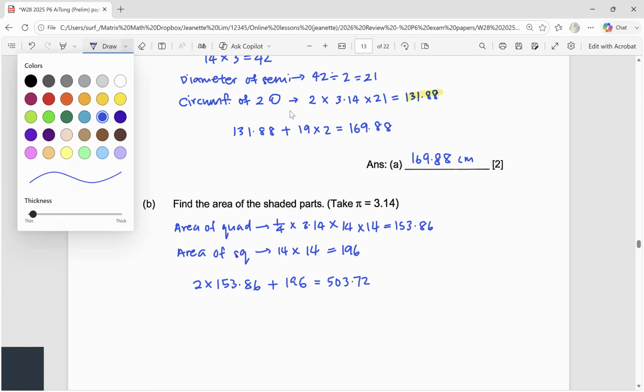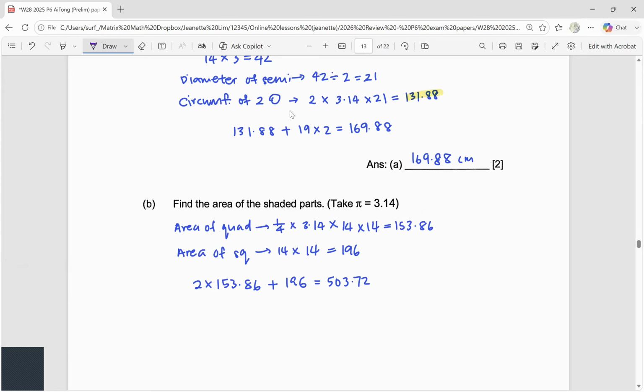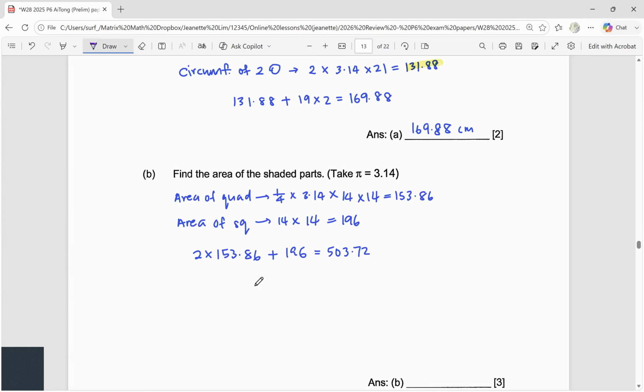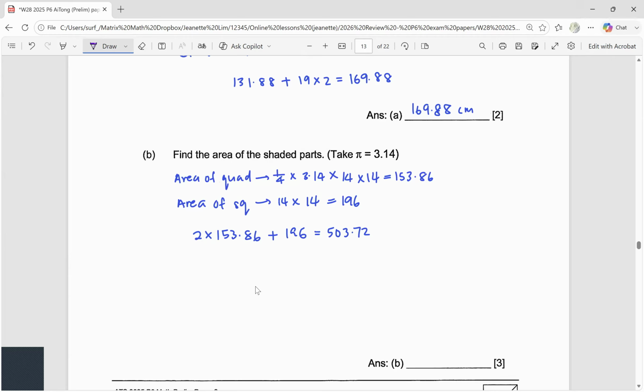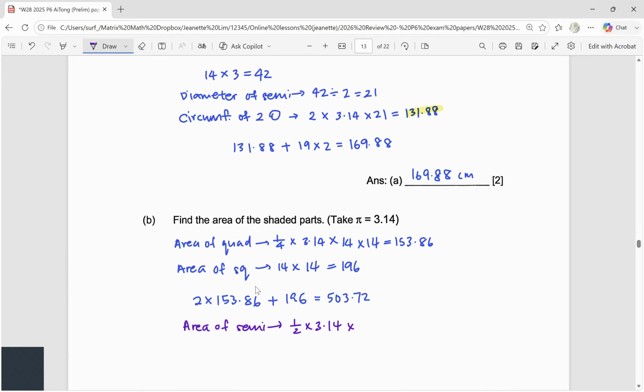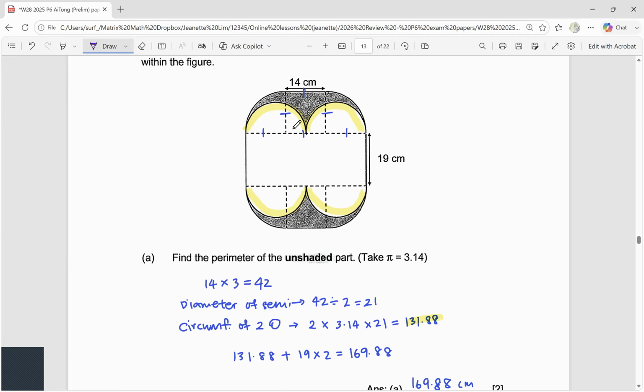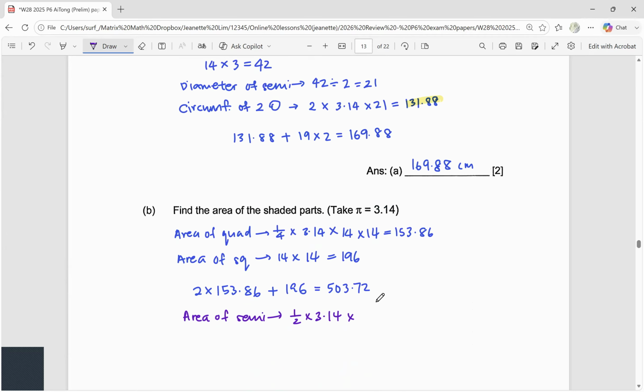Okay, let's use another color. So the area of a semicircle will be half times pi times the radius squared. The radius is 21 divided by 2 equals 10.5.